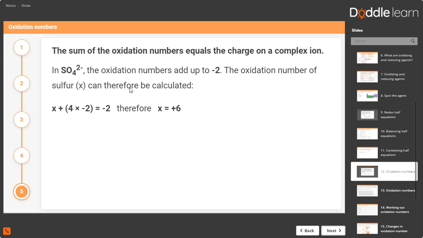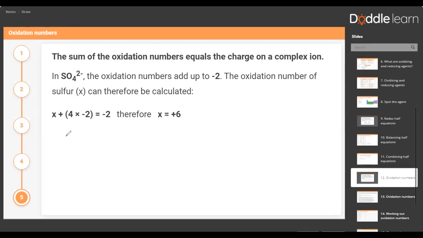So if we rearrange this equation, now we've got 4 lots of -2 equals -8. We've got -8 plus x equals -2. So basically we're working out what x is.